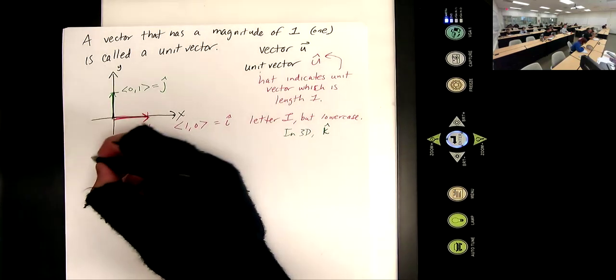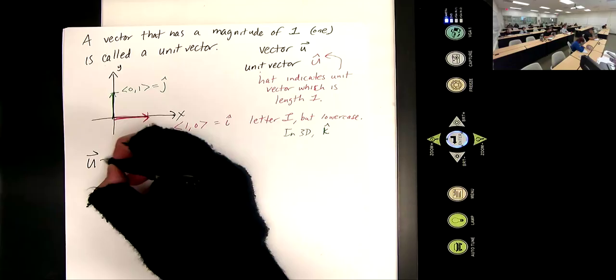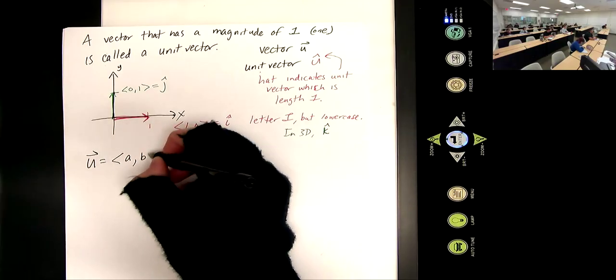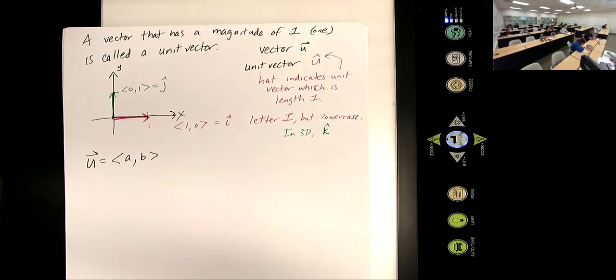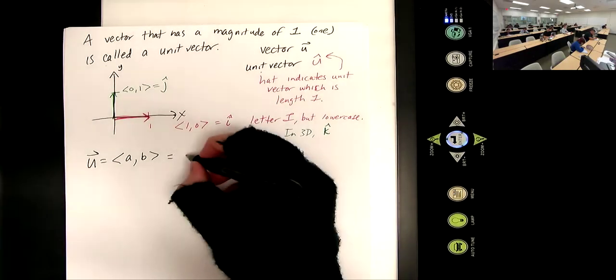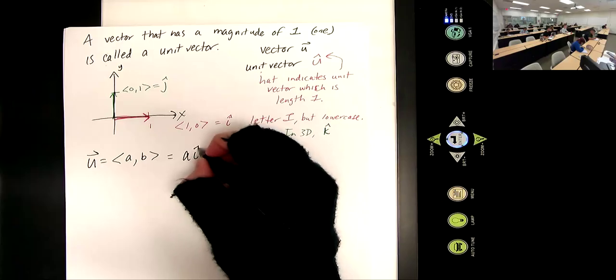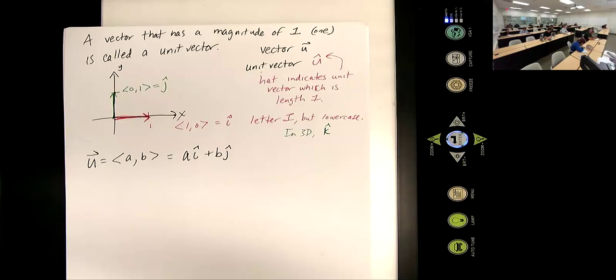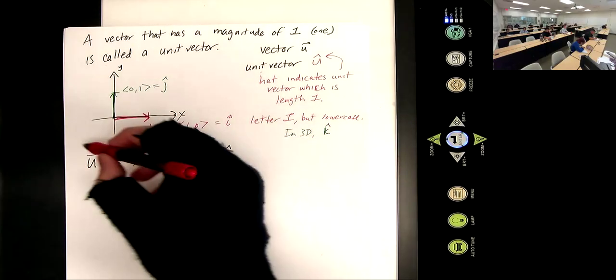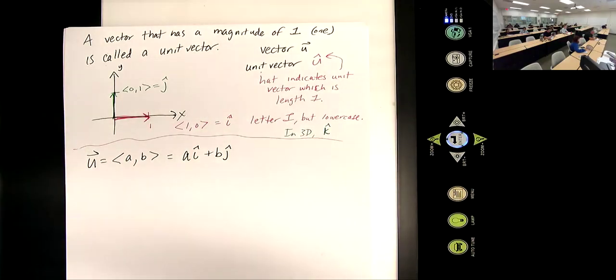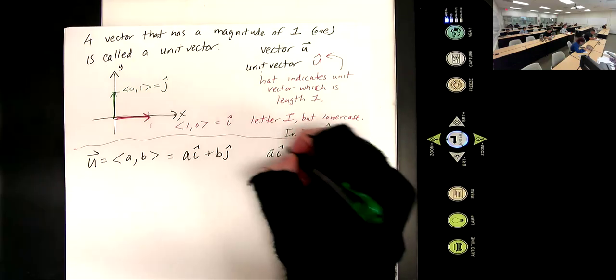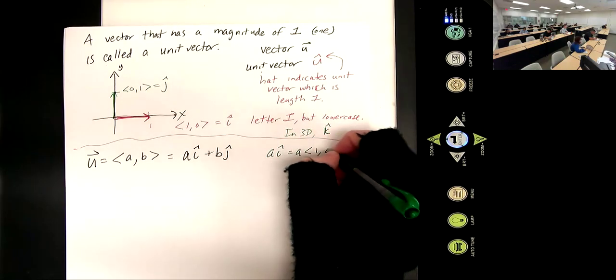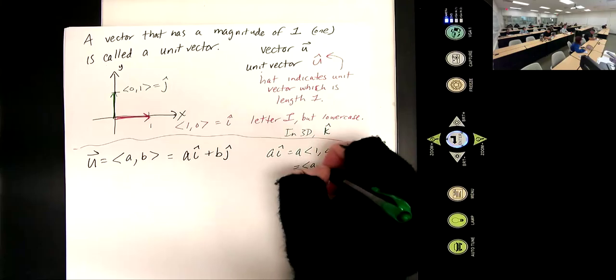So that leads us to another form of writing a vector u. Vector u equals ⟨a, b⟩ can be written as a i hat plus b j hat. Why? a i hat is a times ⟨1, 0⟩, which is ⟨a, 0⟩.